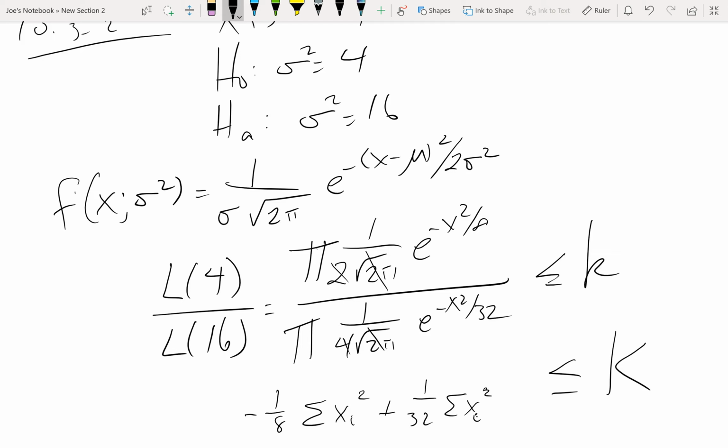Now, which number is bigger? Everybody see where I'm getting that from, by the way, and why I just wrote everything on the other side as a constant? Are we okay with that? Because I don't really care what the constant is. I just want it to be a constant.